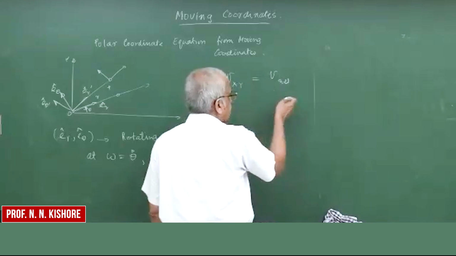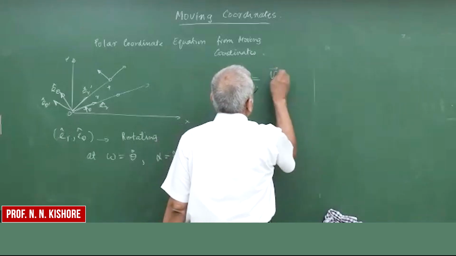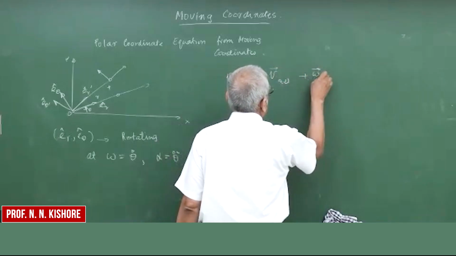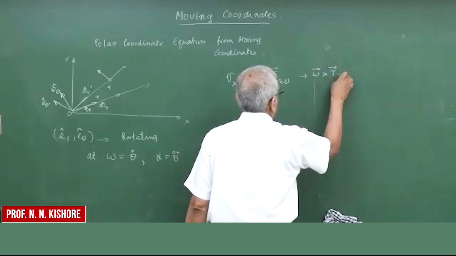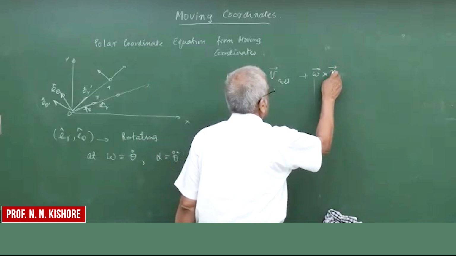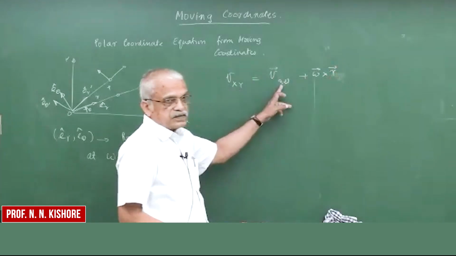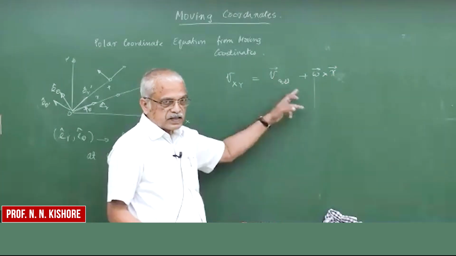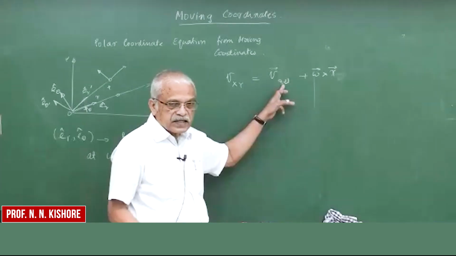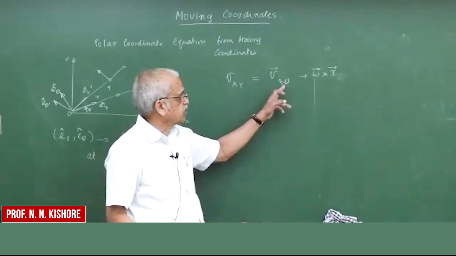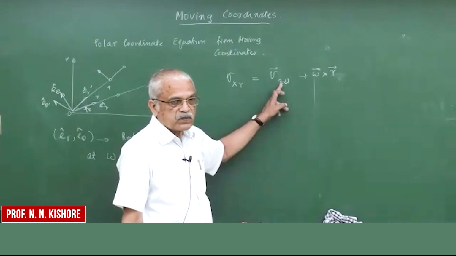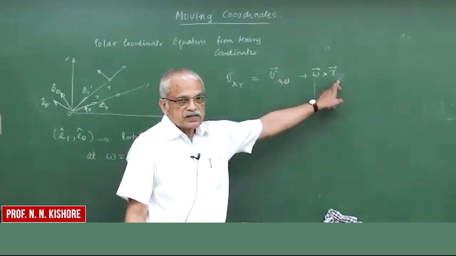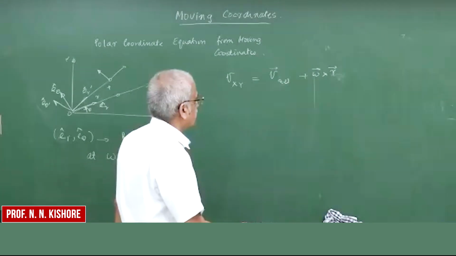Instead of small xy, I'll say simply a relative term, so I don't write x, y, or theta. Now we are quite comfortable. So relative to the moving coordinate system, that's usually the convention. So rel means relative to the moving coordinate system. And then this is the other, omega cross r.